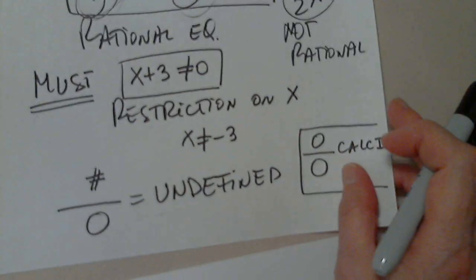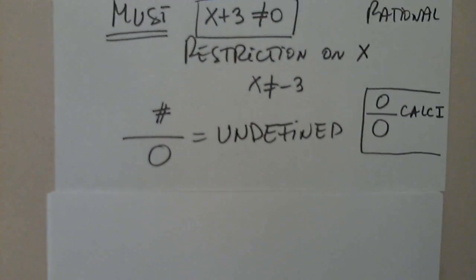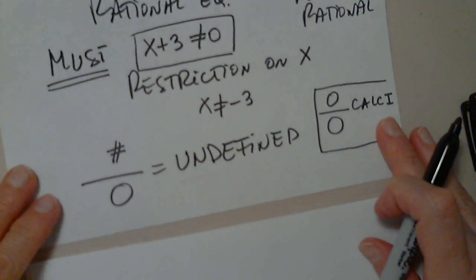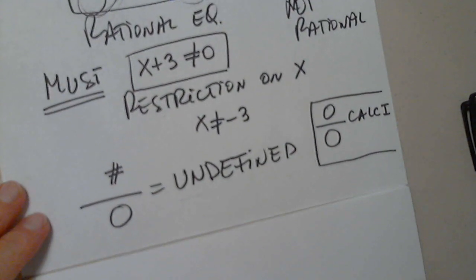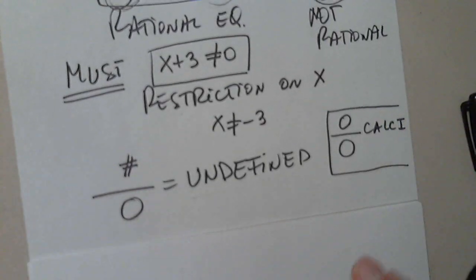How will you proceed? What will be your next thought? Any questions or any suggestions? Multiply each fraction by the denominator?